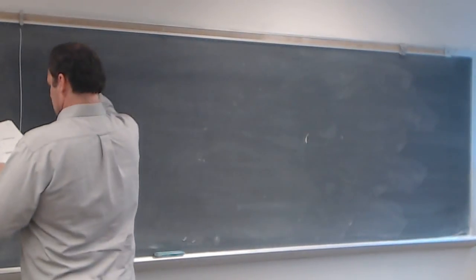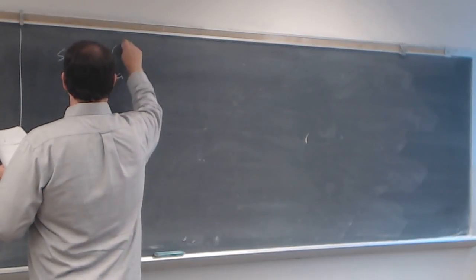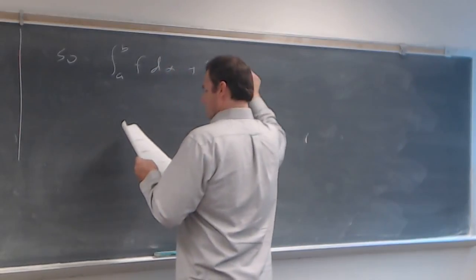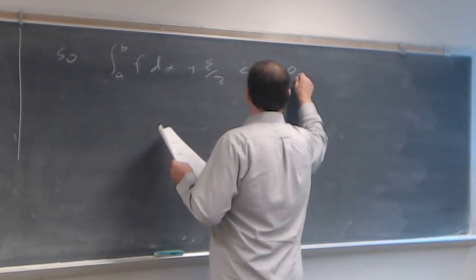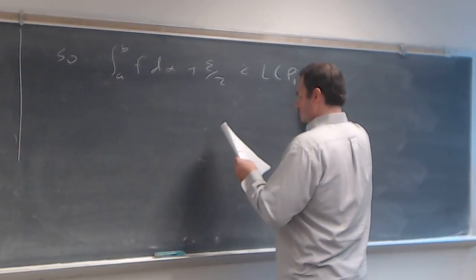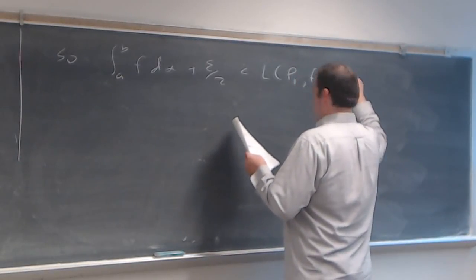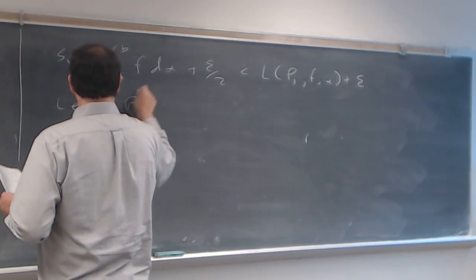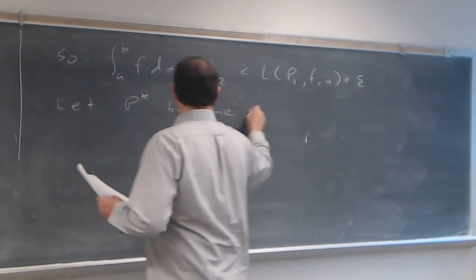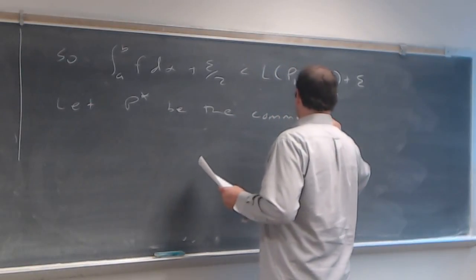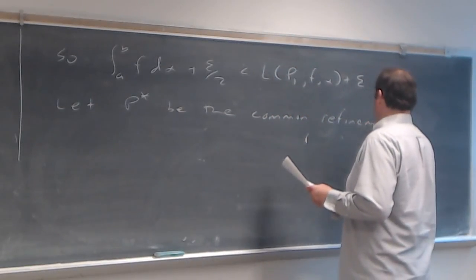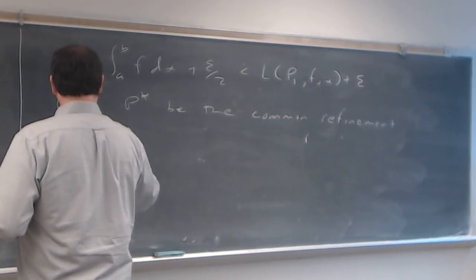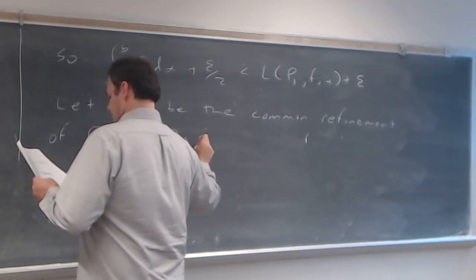So that means that the integral from A to B, f d alpha, plus epsilon over 2 is less than this lower sum with respect to P1, f, alpha plus epsilon. Now what we do is we look at the common refinement. So let P star be the common refinement of P1 and P2. Okay?